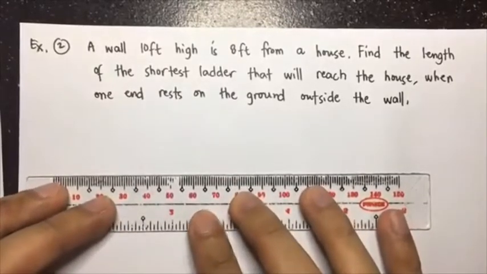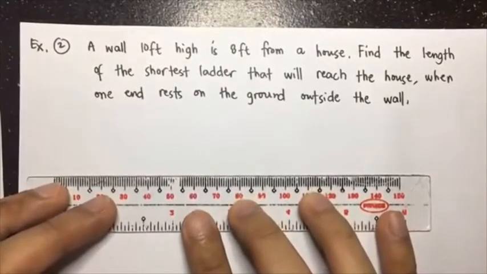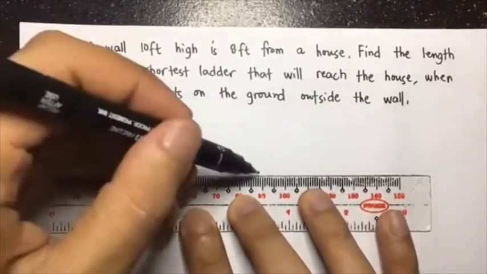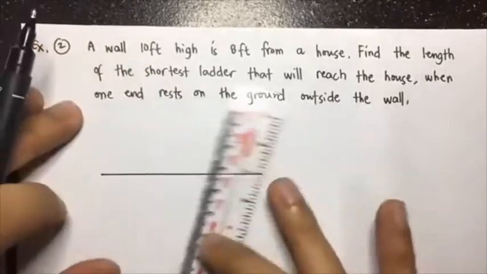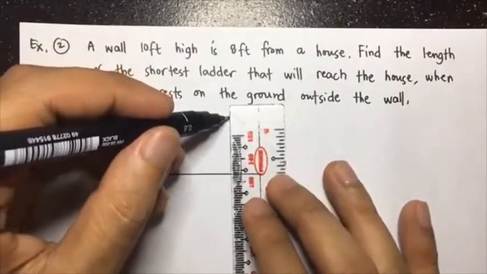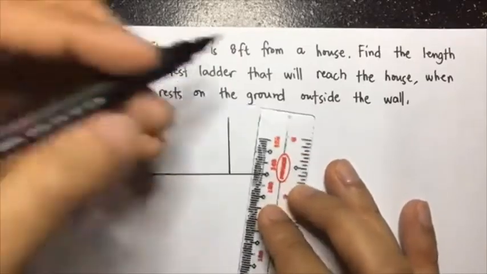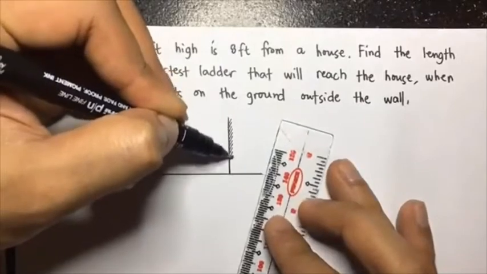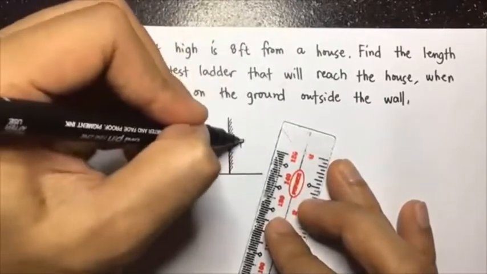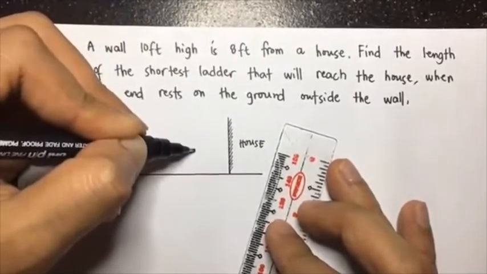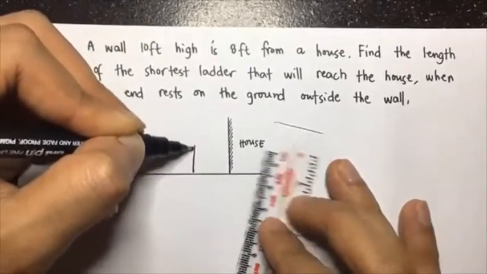Okay, so we have an 8 feet high wall, which is 8 feet from a house. So say this is our house, and we have a 10 feet wall, sorry.